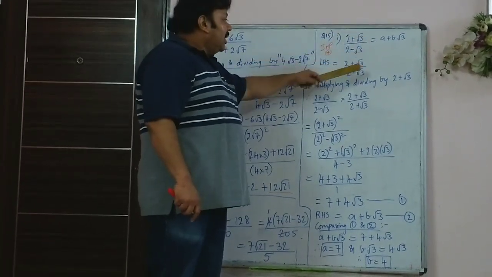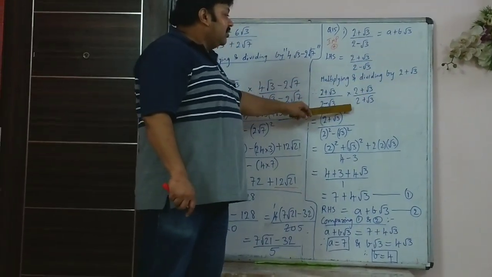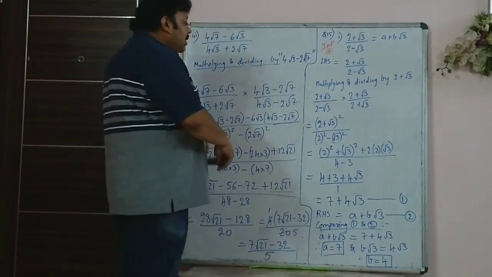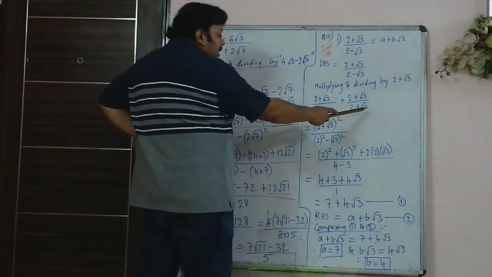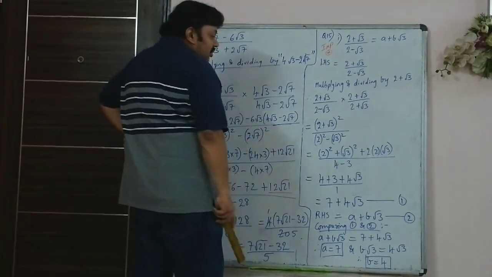So I take only the LHS. I write the LHS and I rationalize the LHS separately. So it becomes 2 plus root 3 the whole squared and denominator a minus b, a plus b, a squared minus b squared. So this becomes 4 minus 3.